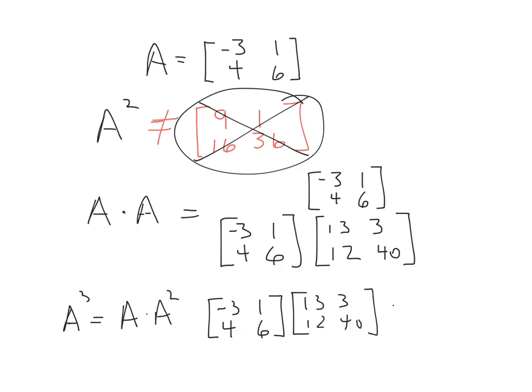And I won't go through that computation, but that's what we would do if we wanted to compute A cubed. And by the way, this is one case where it doesn't matter whether I do A times A squared or A squared times A. We're going to come out with the same thing. But this is a special case, and in general, matrices cannot be multiplied in whatever order you care to.